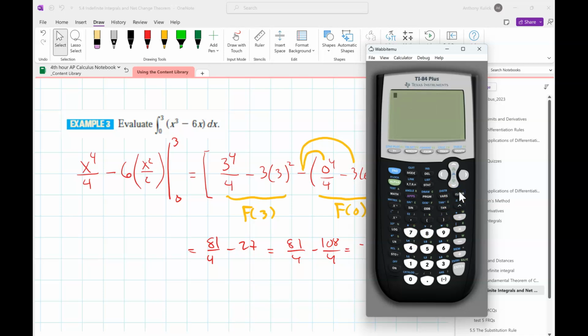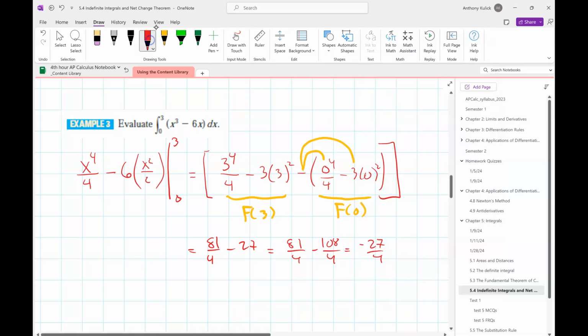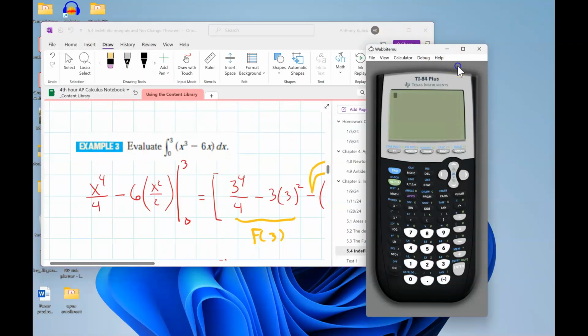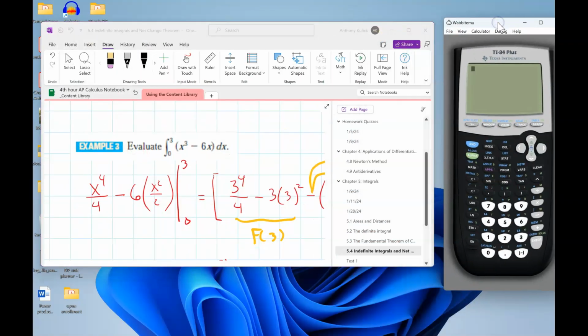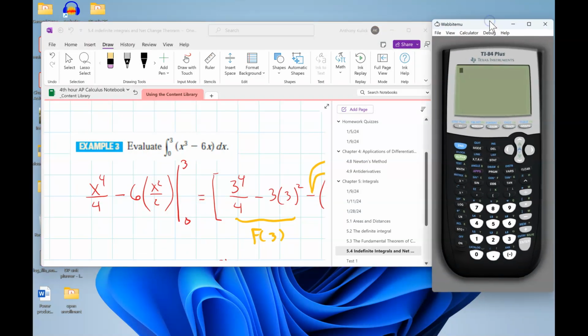But this is good stuff. So the way I like to do this is I like to call this stuff f of x, and I'm going to put that into y1.